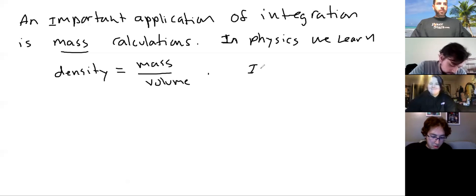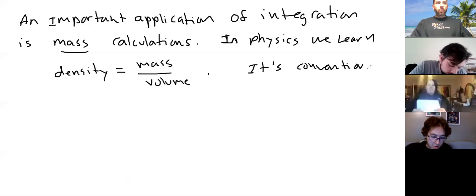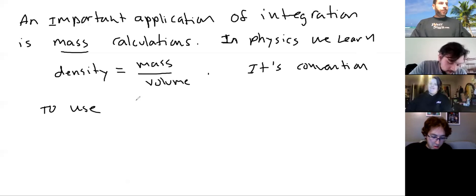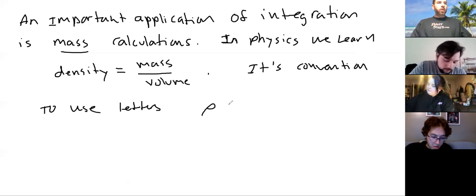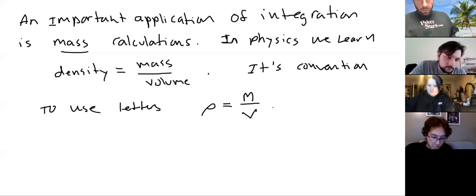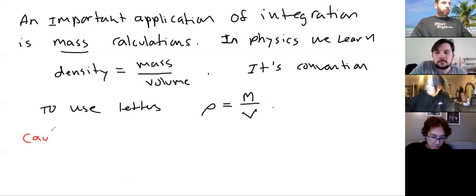So it's convention, and this is going to make you mad because you're going to say, "Rho, we just used that." To use letters, rho equals, of course, m over v. So here is a very important thing that you're going to do, and we have to make note of it, so we'll put a caution.